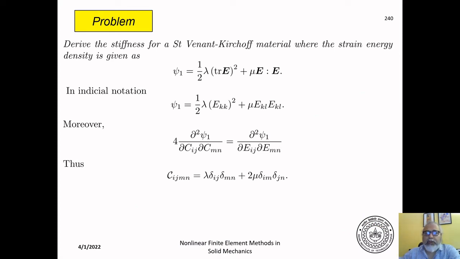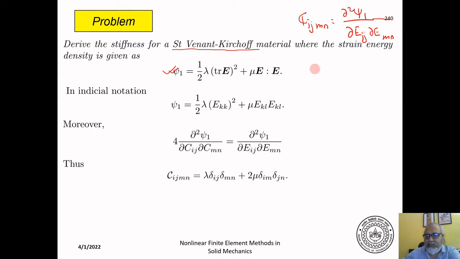Here's the problem where your strain energy density for a hyperelastic material, called a Saint Venant-Kirchhoff material, is given in this form in terms of E. So to find Cijmn, we will use del square psi 1 del Eij del Emn.